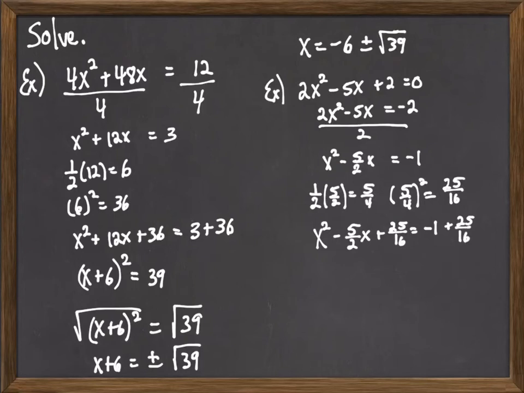Okay. Now the stuff on the left-hand side, the x squared minus 5/2 x plus 25/16, that can be factored as x plus b, or in this case, since I see that I made a little mistake here. Didn't change anything that we did, but really important here.